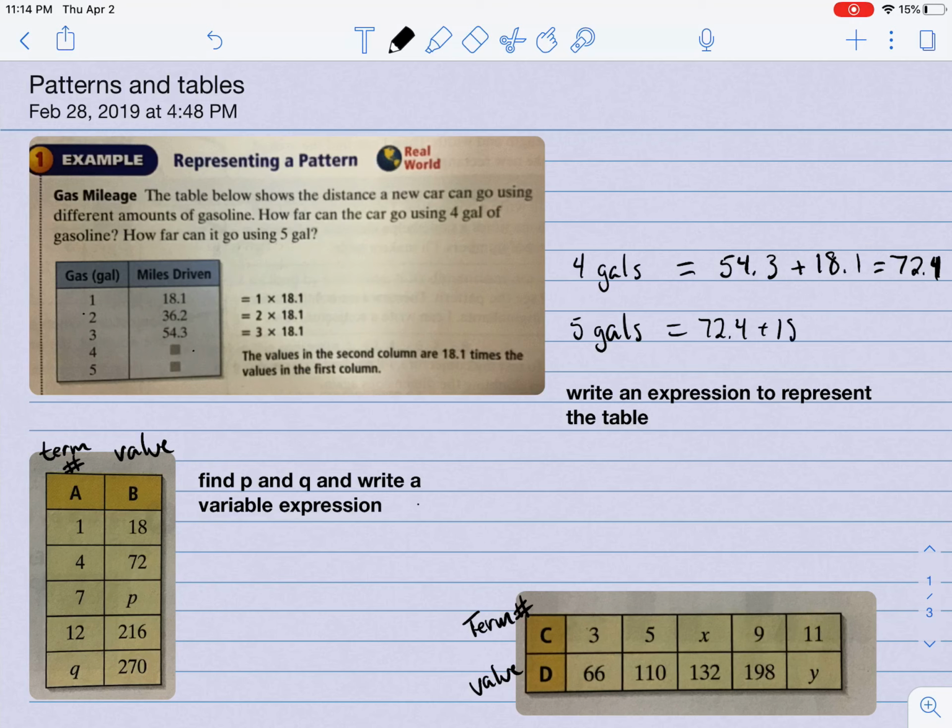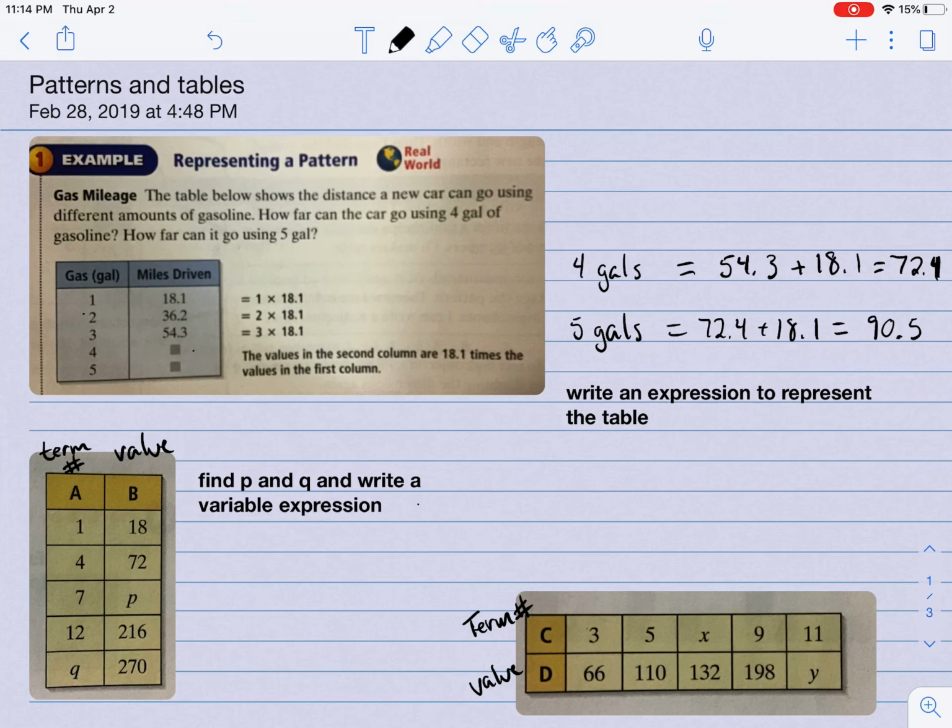Okay, likewise 5 gallons now, that's going to be 72.4 plus 18.1, which is going to equal 90.5. Okay, so that's one way to do it.